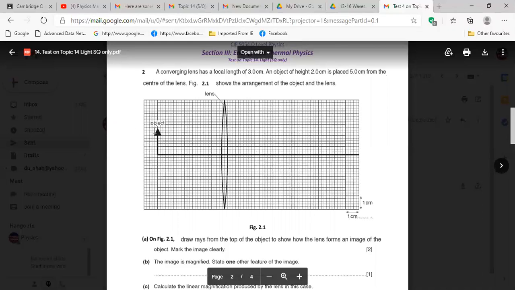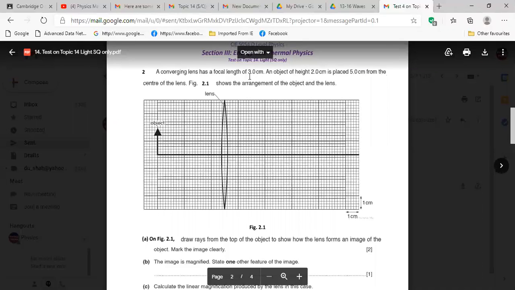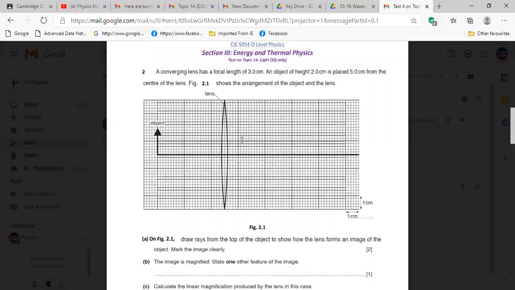Object height is 2 centimeter and it is given in the diagram. We do not need to draw it, it's already there. So we have to identify one thing especially, that is 3 centimeter, where it is given about focal length. If you know focal length, then you can find the position of focal point, right?